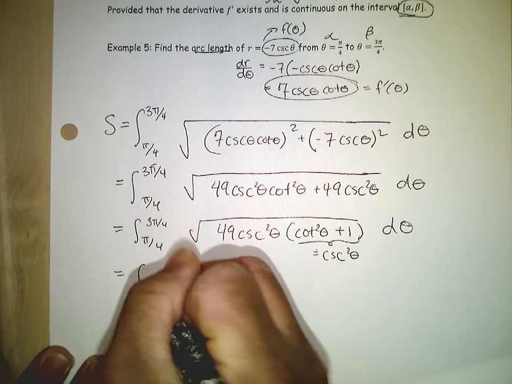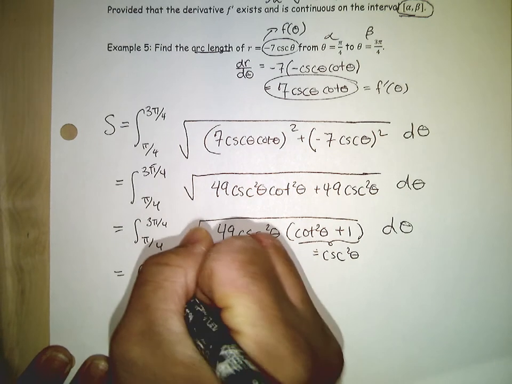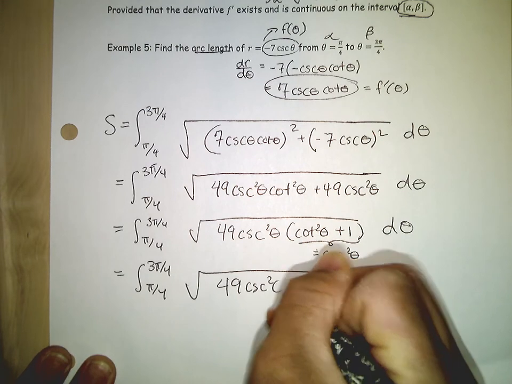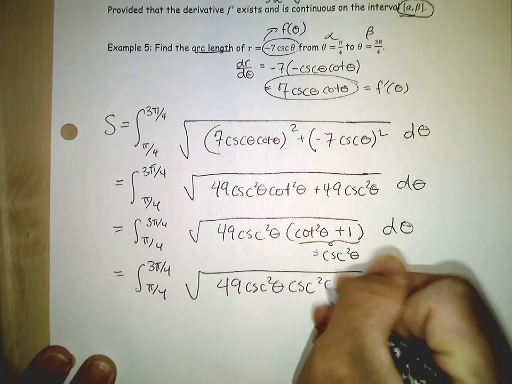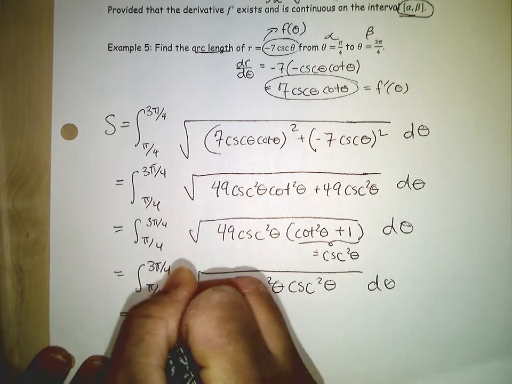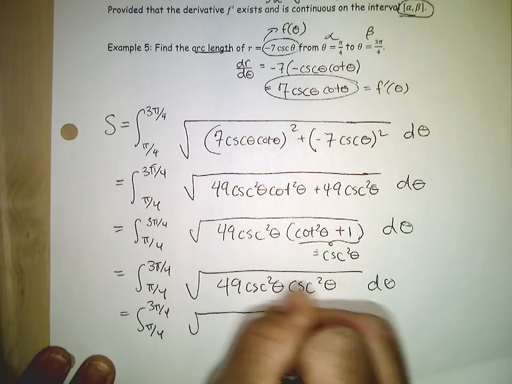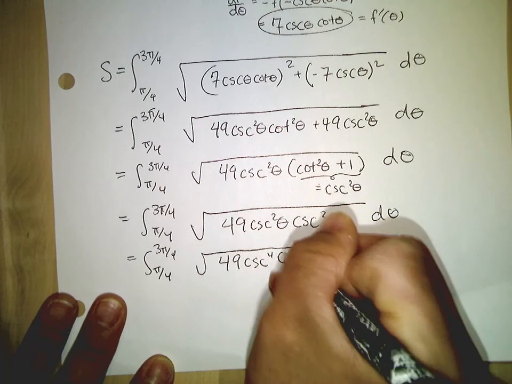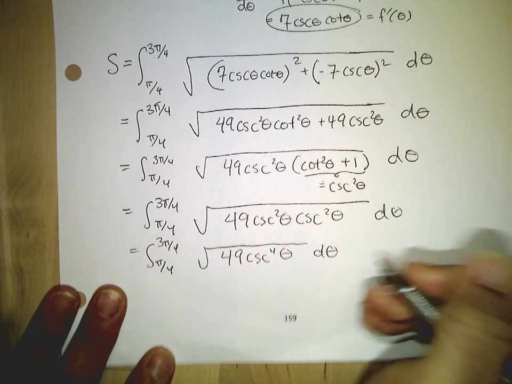So I have the integral from pi over 4 to 3 pi over 4 of the square root of 49 cosecant squared theta times cosecant squared theta d theta. But if I multiply this together, I hope that you're finding this problem as exciting as I am, because it's 49 cosecant to the 4th power theta d theta.